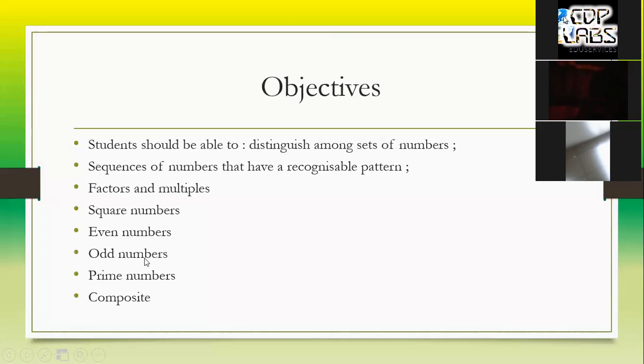If the student didn't know what odd numbers are, she could not have identified them in the list given. If she did not know what prime numbers are, she could not have identified them in the list given. So you must know what they are in order to be able to identify them. Make sense? Okay.